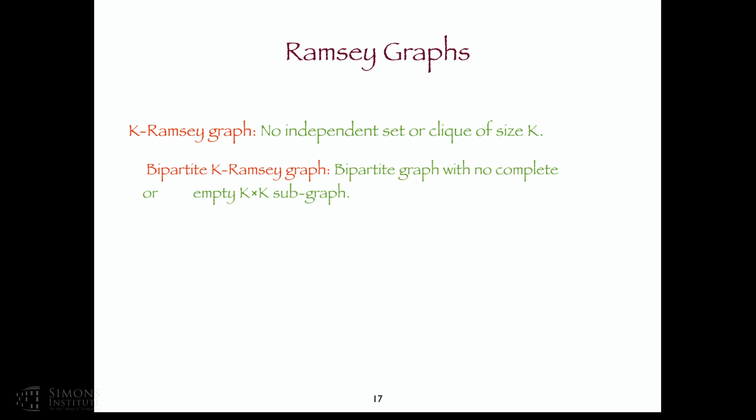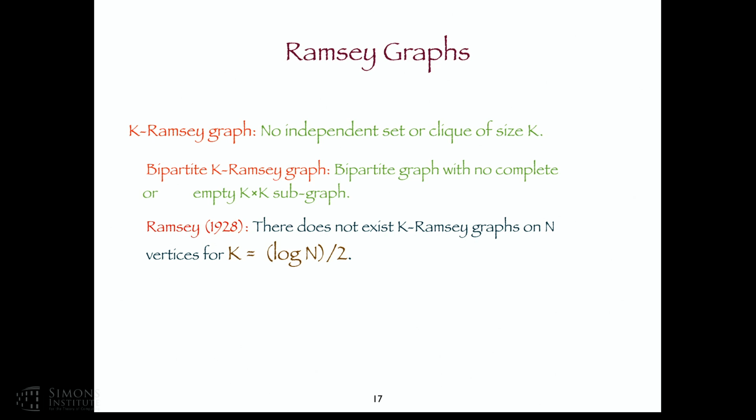Also, there is a nice graph theoretic way of viewing a two-source extractor which gives important objects in extremal combinatorics called Ramsey graphs. A k-Ramsey graph is on n vertices, and it does not have any independent set or clique of size k. And the bipartite version is that it doesn't have the complete or empty k cross k subgraph.